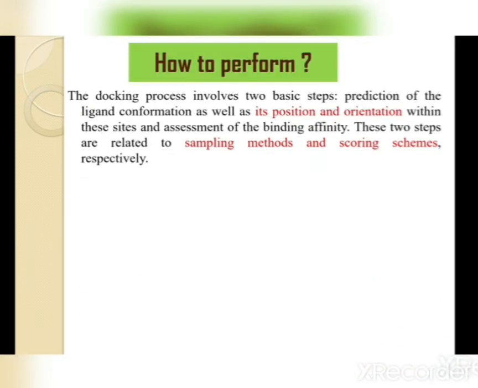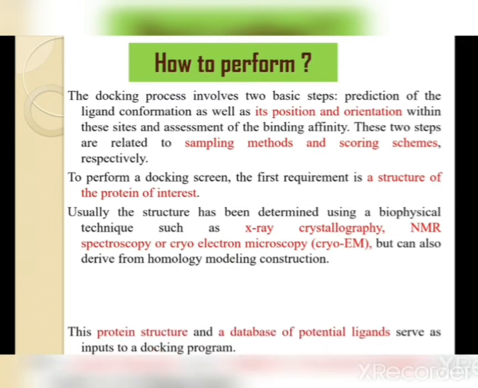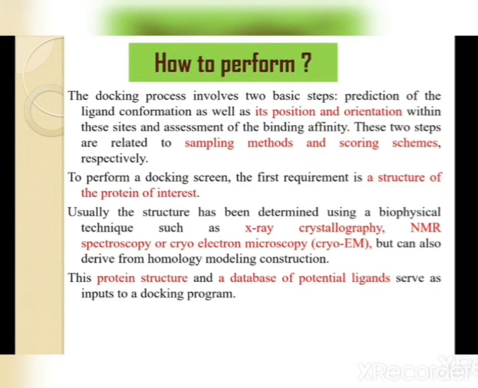How to perform molecular docking? The docking process involves two basic steps. First, we have to understand the position, orientation, and binding affinity of the ligand with the protein, and the structure and orientation of the protein. Usually, the structure is determined using different biophysical techniques such as X-ray crystallography, NMR spectroscopy, and cryo-electron microscopy. The protein structure and a database of potential ligands serve as inputs for the docking program.